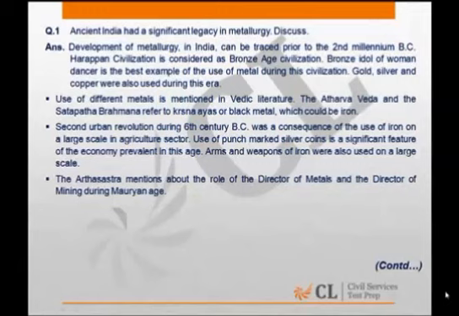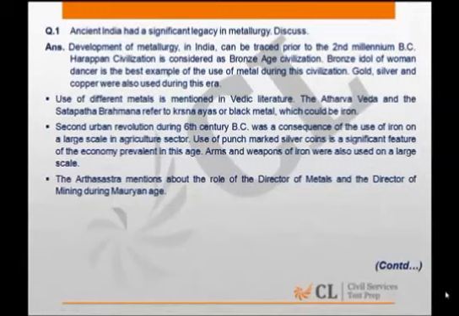Okay, suppose we draw the synopsis for this question, then we can divide the metallurgy era in ancient India, starting from the Harappan period, then Vedic, then post-Vedic and Mauryan, then Gupta, and then post-Gupta era, in which there were some significant metallurgical achievements during Chola and other kingdoms.